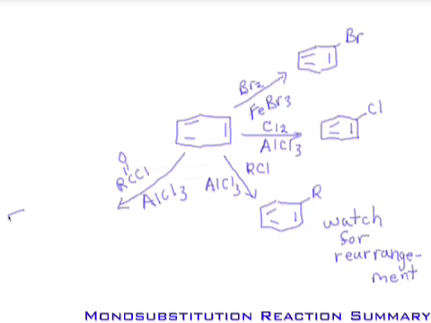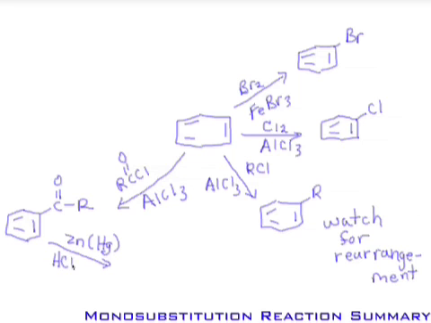And we will make our ketone. React that with zinc mercury, HCl, and heat. We can get rid of the oxygen and get H2R.